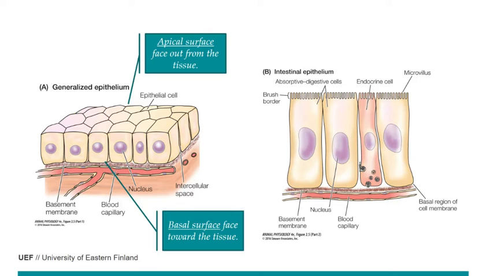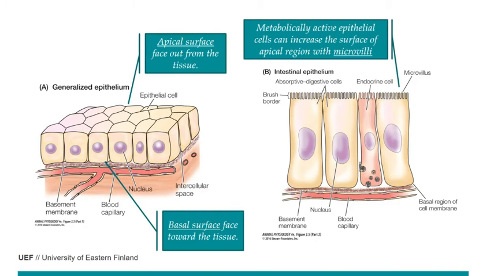And the shape can be different. So on the left hand side we can see that these are cubic because the width and the height are similar, but on the right hand side, in the internal epithelia in our intestine, it's more like a column, so a little bit longer. And the surface can be increased by having curves, like microvilli.